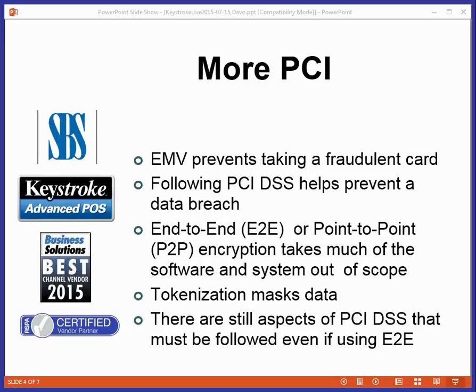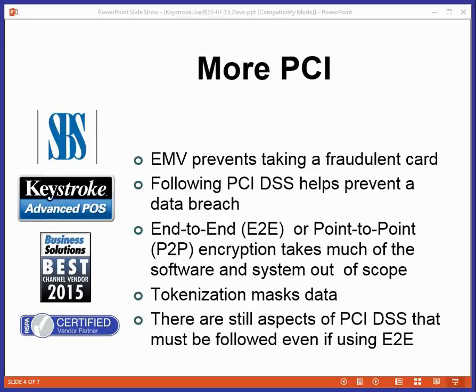Following the PCI DSS procedures is designed to help prevent a data breach, to help prevent skimming or employee stealing data. So that's why the PCI DSS is all in play.